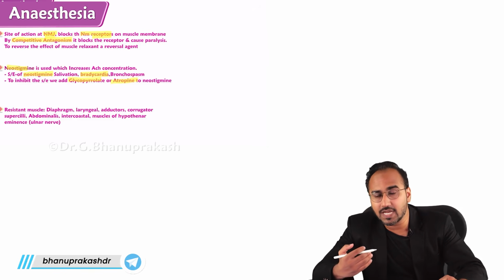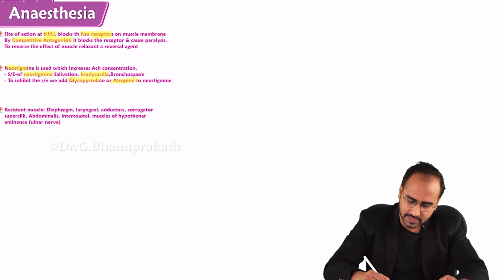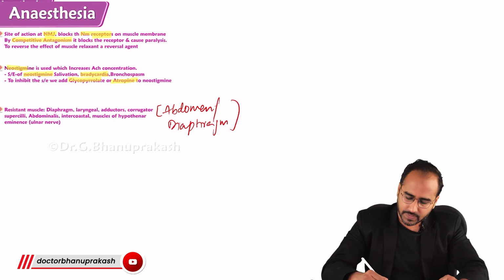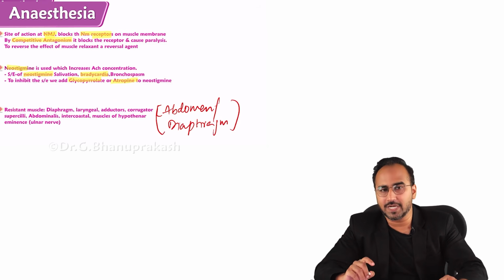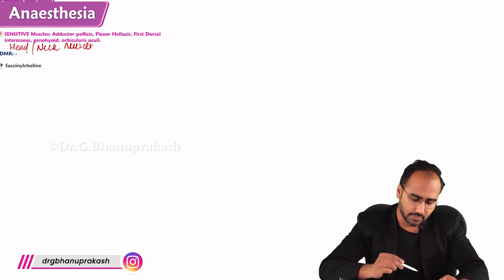The muscles which are last to be relaxed in the body are the abdomen and diaphragmatic muscles. Head and neck muscles are first to be relaxed; abdomen and diaphragmatic muscles are last to be relaxed in the body.